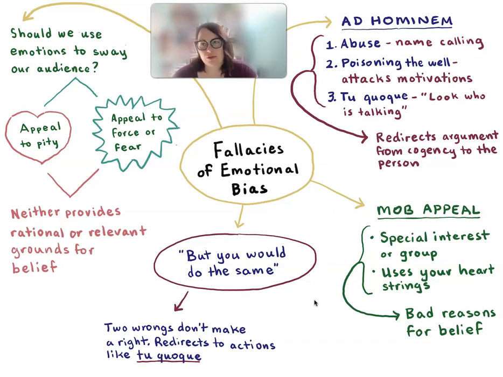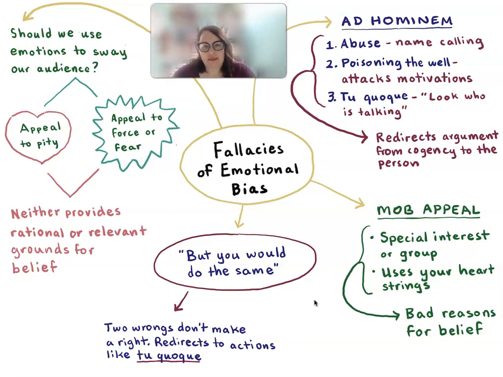That's also pointing to a kind of hypothetical action, whereas tu quoque points towards a person's past actions. Two wrongs make a right says, well, this might have been something you would do. So it's very weak, like all of these fallacies.